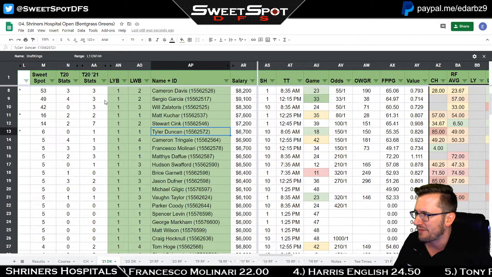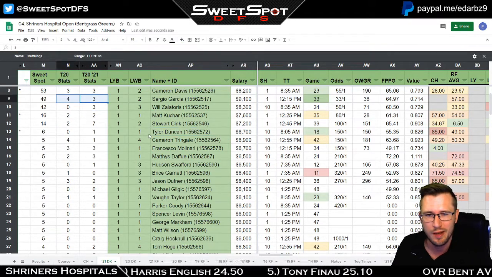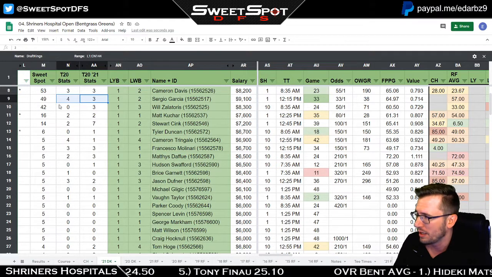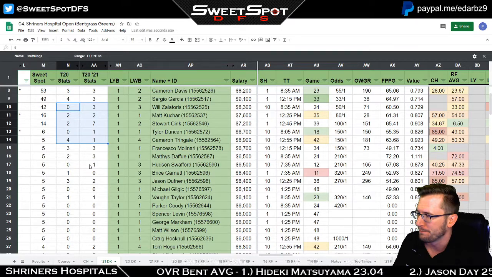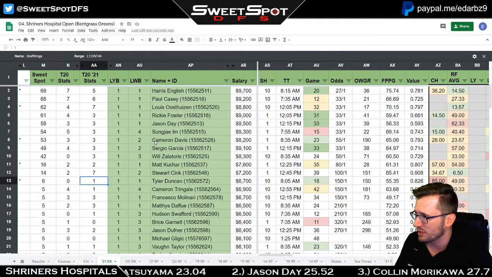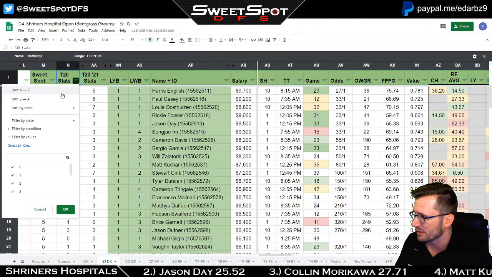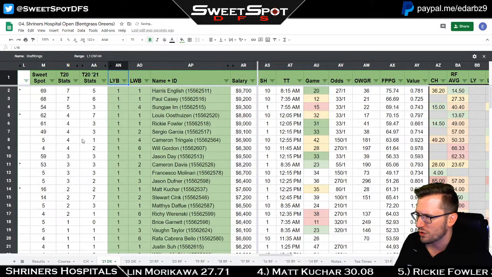When it comes to the stat fit part, we're looking at the numbers right here, because we saw that in the stat fit video. So these numbers would be represented right here. But if I were to go with this, I guess that's the best way to do it too, is looking at stat fit and trying to find our best golfers.